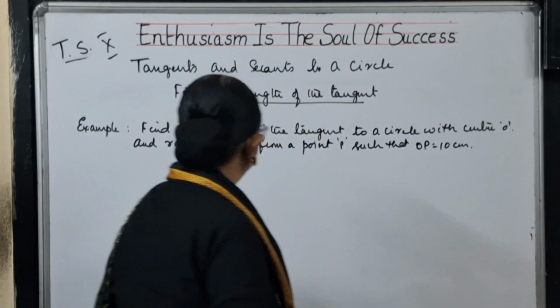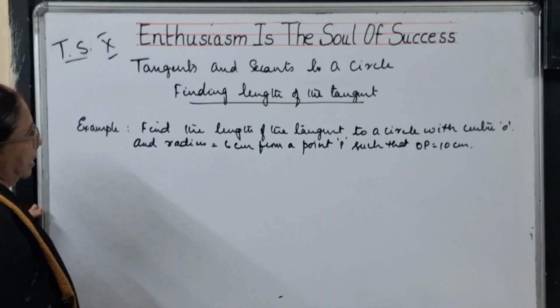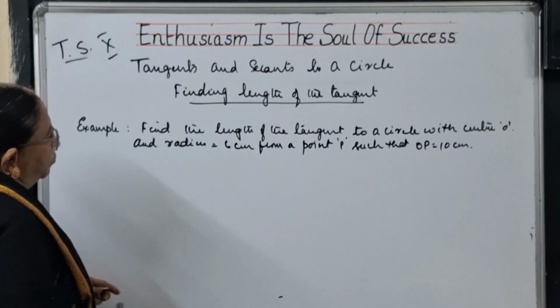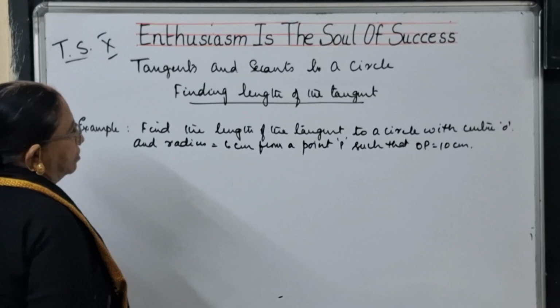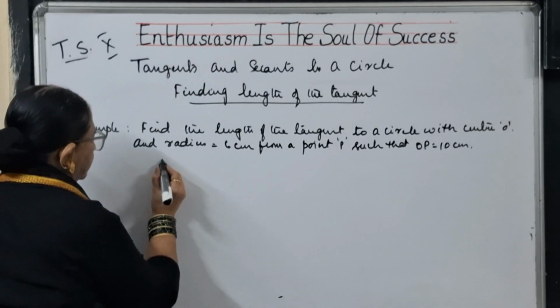Example, children. Find the length of a tangent to a circle with center O and radius 6 centimeters from a point P such that OP is 10 centimeters.